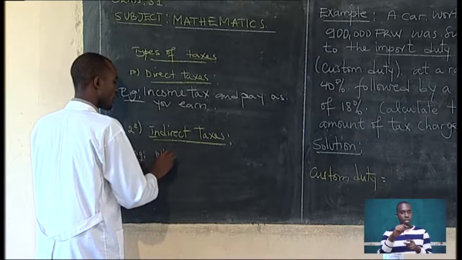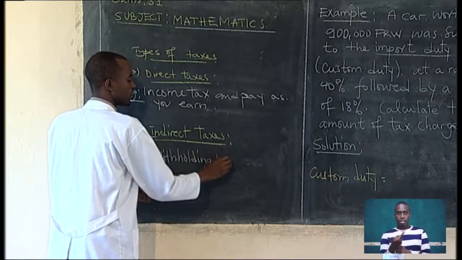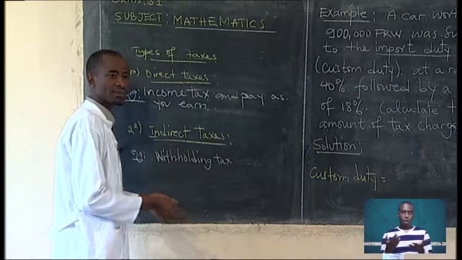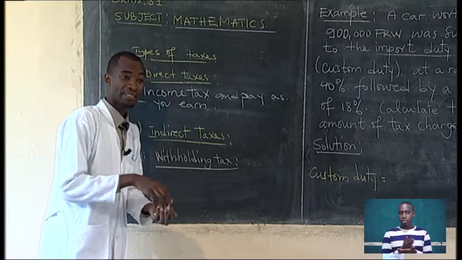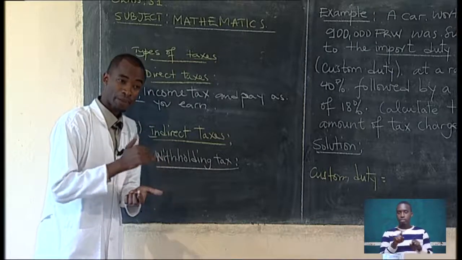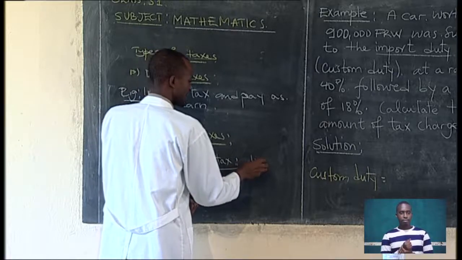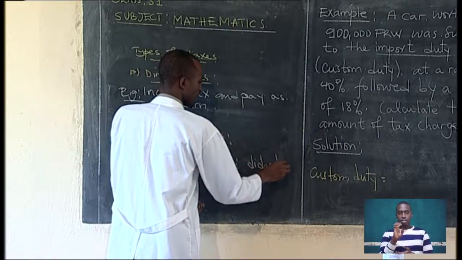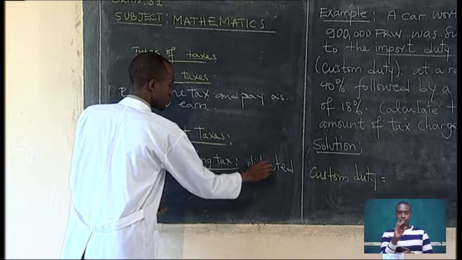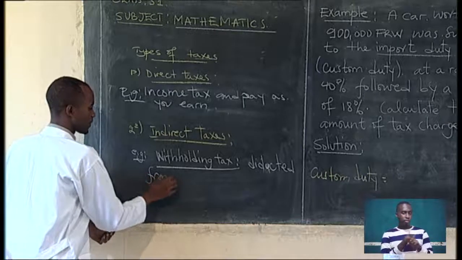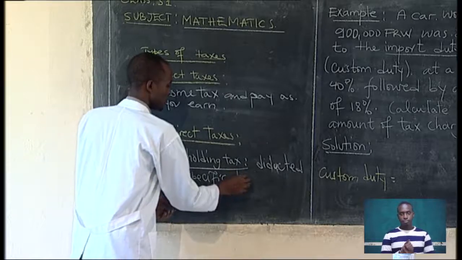One is called withholding tax. This is the money deducted from a specific payment.